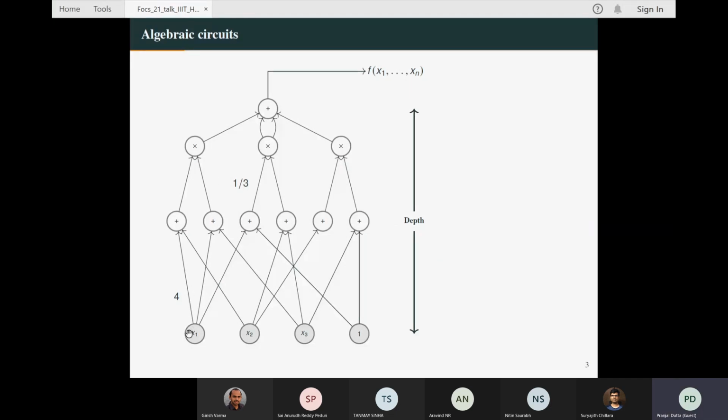This is depth 3, because from the bottom to the top, the depth is 3. We will be talking about depth 3 circuits only, from about half way towards the end, so this is an important thing to remember. The depth is the longest path from bottom to top.